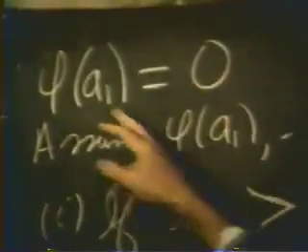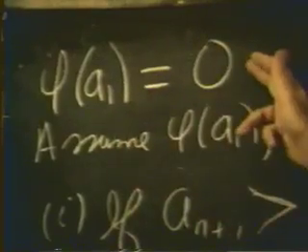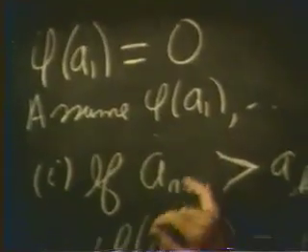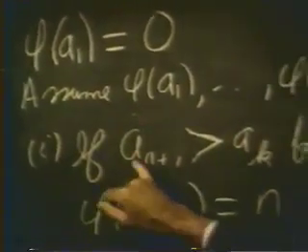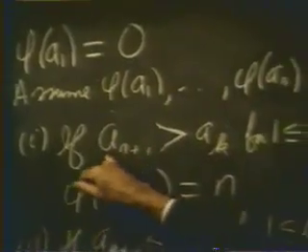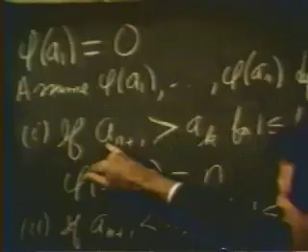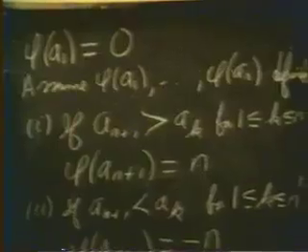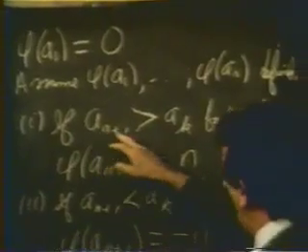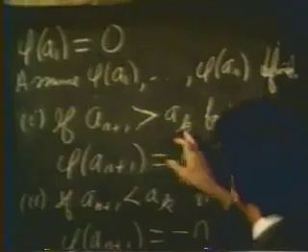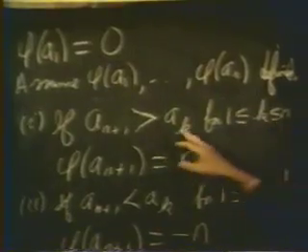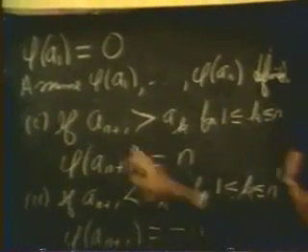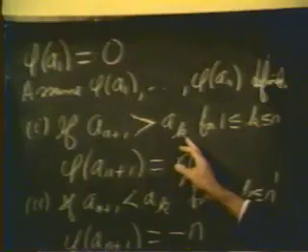So what we now want to consider is the inductive definition of phi. Phi of a1, the first step in the induction, is equal to 0. And now we must consider three different cases for the definition of phi of a sub n plus 1, that is, the number assigned to the n plus first element under the countable function psi. First, we have a very easy situation if for all k with 1 equal to or less than k equal to or less than n, a sub n plus 1 is greater in the ordering than a sub k.